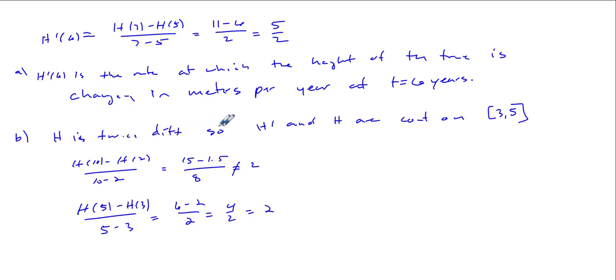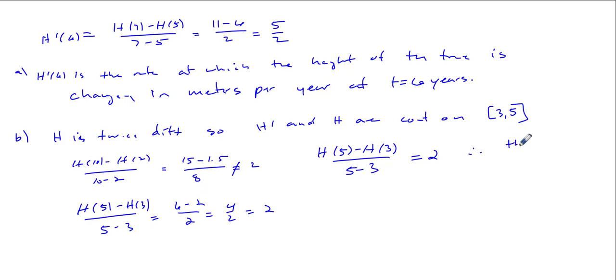So h is twice differentiable, h prime and h are continuous on, yada, yada, yada. Then we'll say h of 5 minus h of 3 over 5 minus 3 equals 2.